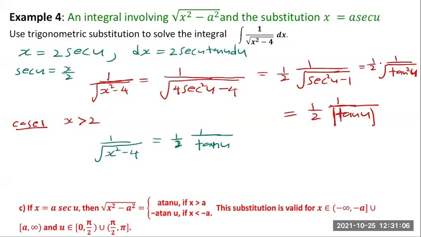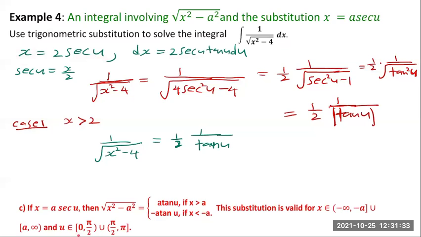How did I conclude that? The absolute value of tan u becomes just tan u if your x is bigger than 2. How did I decide that? Well, notice that if x is bigger than 2, this is positive. That means your secant u is positive. If your secant u is positive, your angle u should be in the first quadrant.